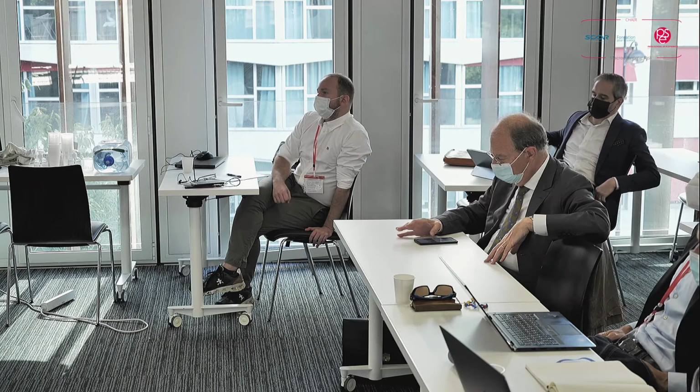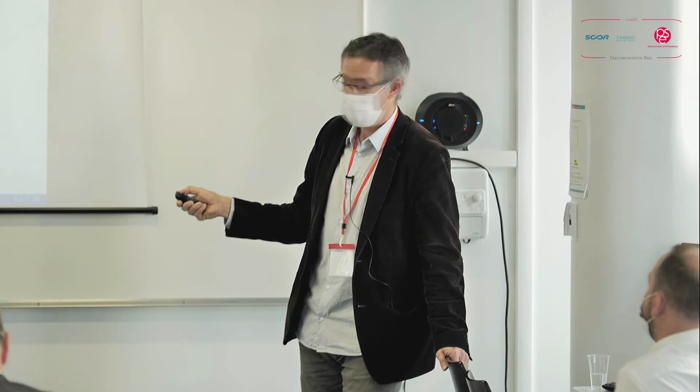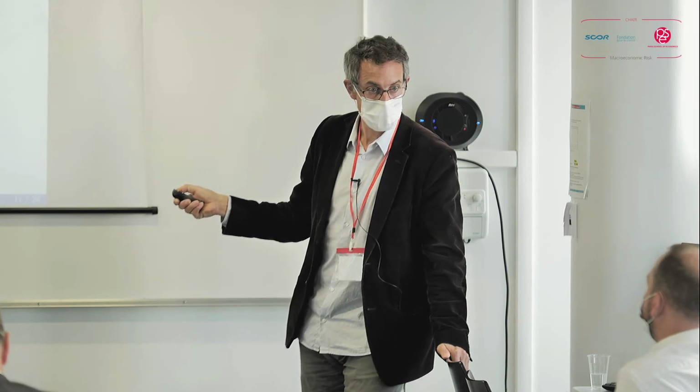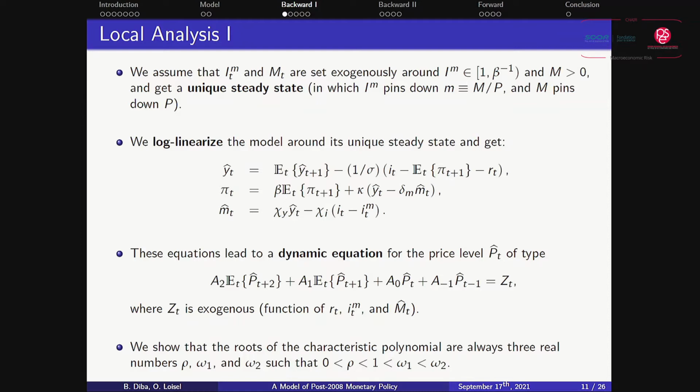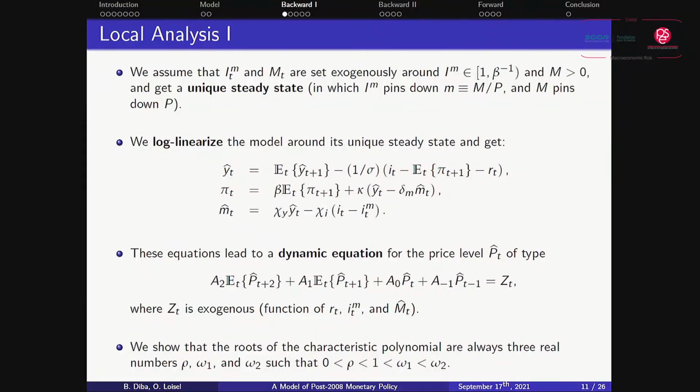But when they are exogenous, and IMT is exogenous too, because it's the ZLB, you can think of that as what we call a shadow Wicksellian rule, in the sense that it implies that the interest rate on bonds IT depends on some exogenous terms, but also positively on output and crucially positively on the price level.